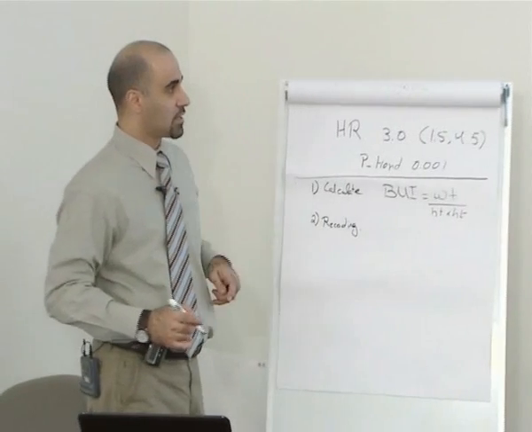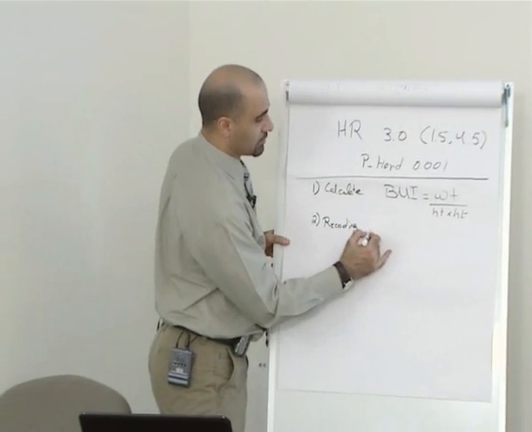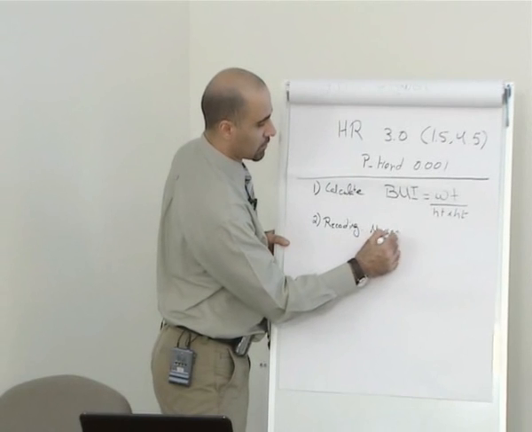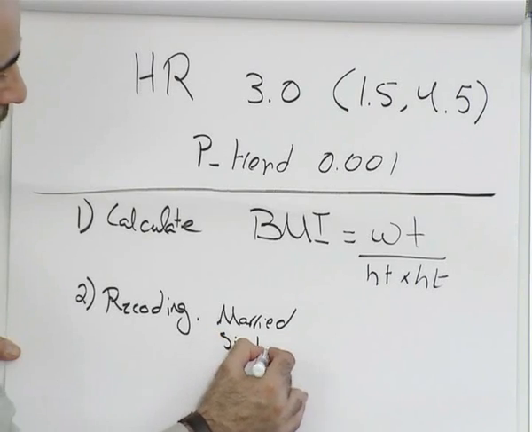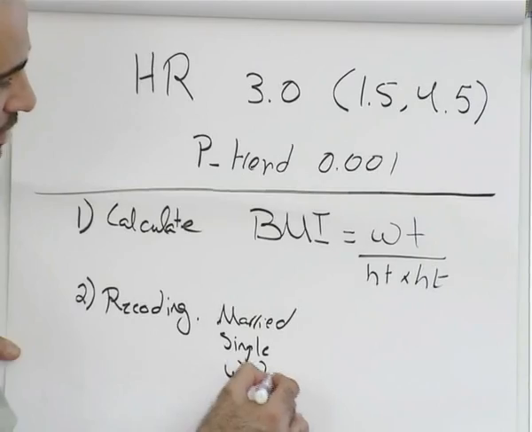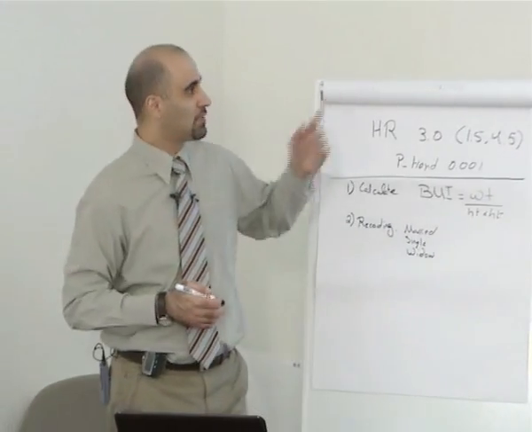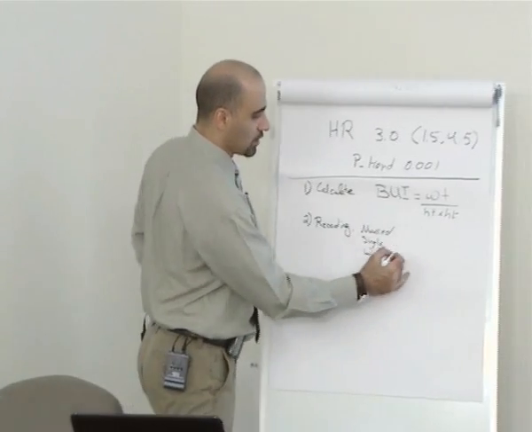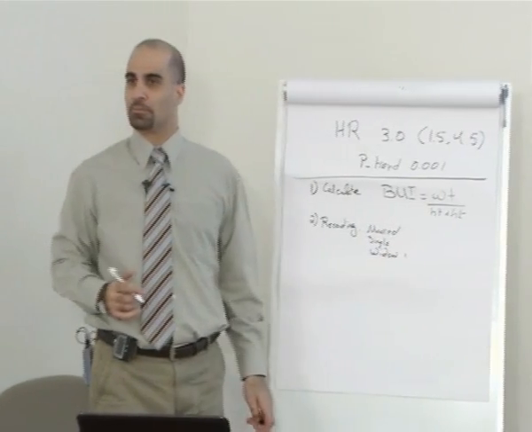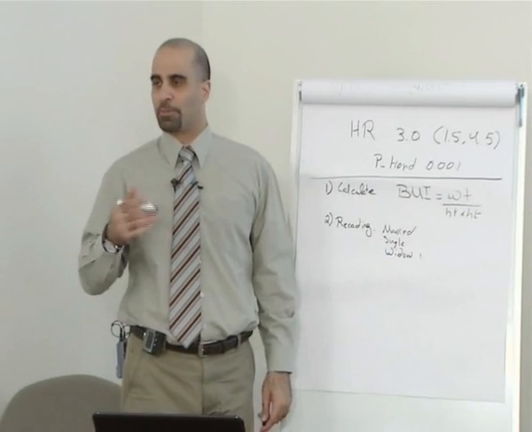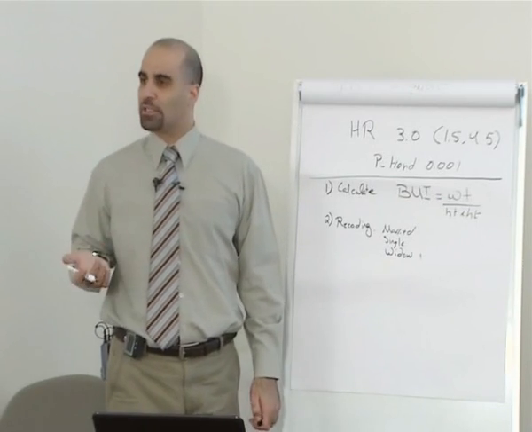Now, the second scenario is recoding. Assume that I have marital status being married, single, and widow. This is how I decided to collect information. But when I collected my data, I found only one person who is widow, or two people, or whatever, a very small number. So what do I decide to do?